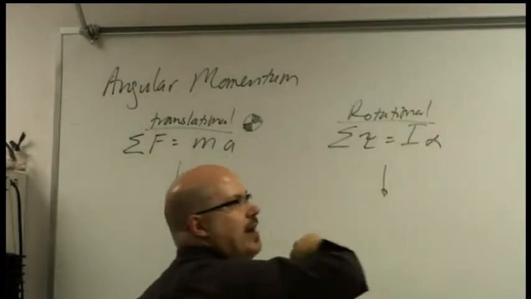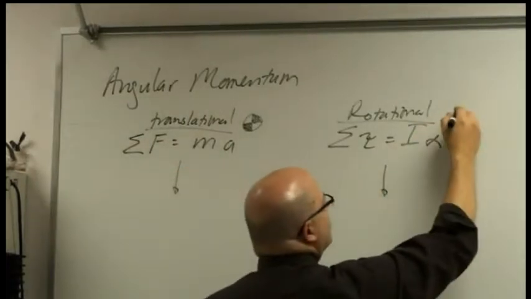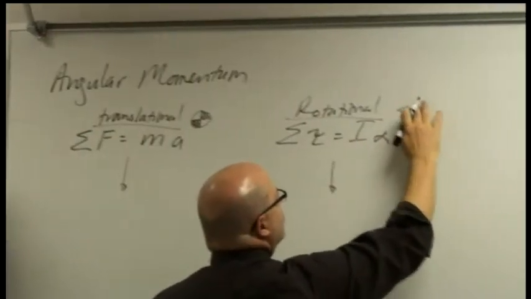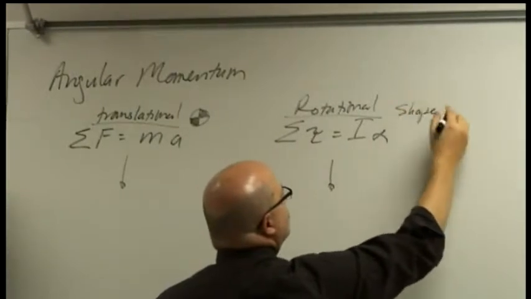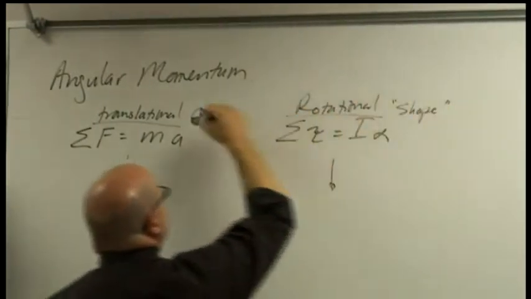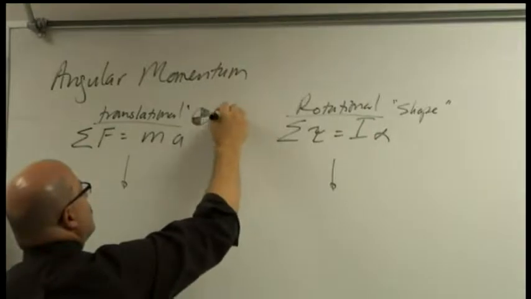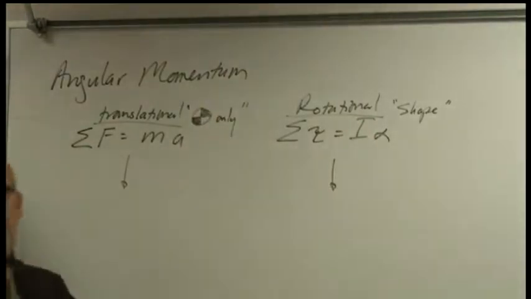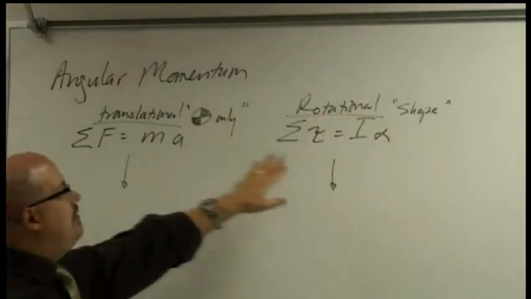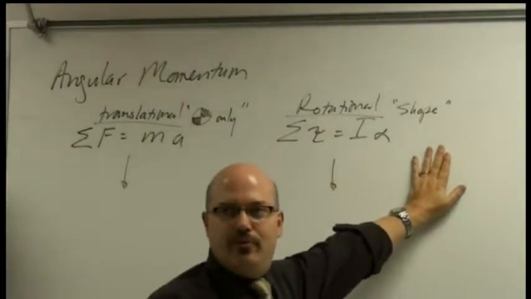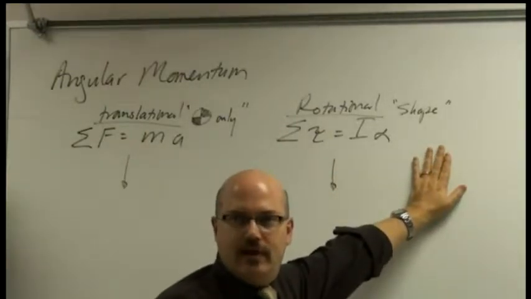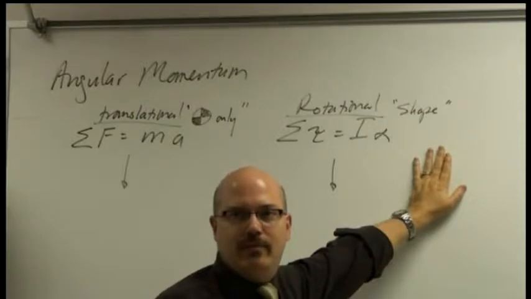Here, the shape of the object matters. So center of mass only for translational. For rotational objects, the shape of the object makes a difference, and where the forces are located makes a difference.